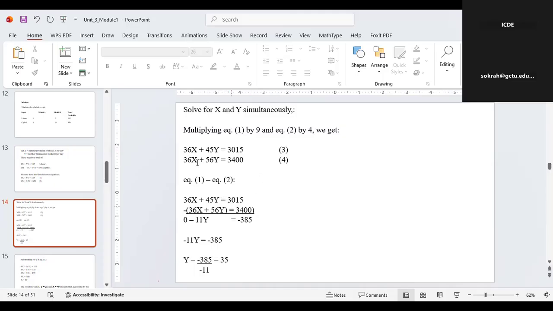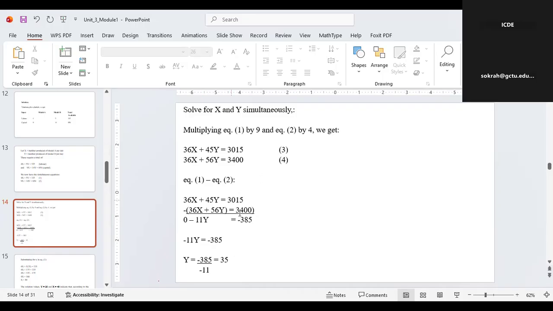So if you do that, it will be 36x minus 36x, and that goes to 0. So that's what you see here. I have 0. 45y minus 56y gave me negative 11y.